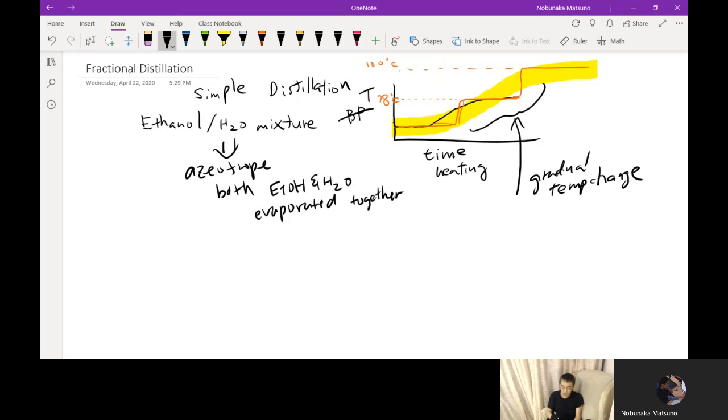So in that case, what should we do? We can use fractional distillation.